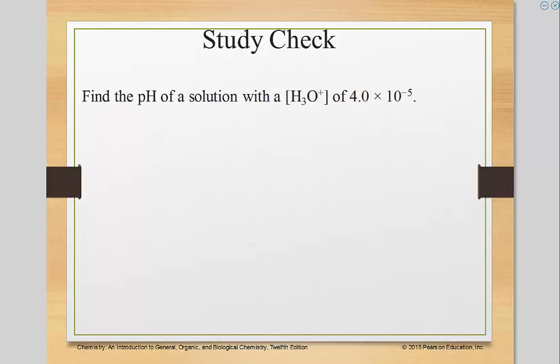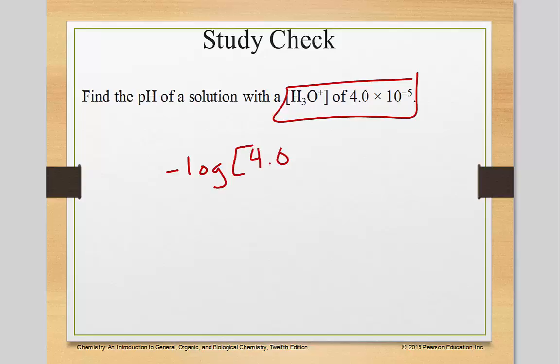Let's try another one. pH of a solution with a H3O plus of 4.0 times 10 to the negative 5. So negative log 4.0 times 10 to the negative 5. So put this in your calculator. 4.0 EE negative 5. Push the log button, and then you push that negative sign, and it becomes 4.40.